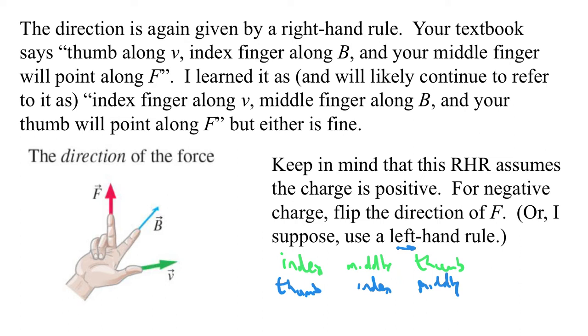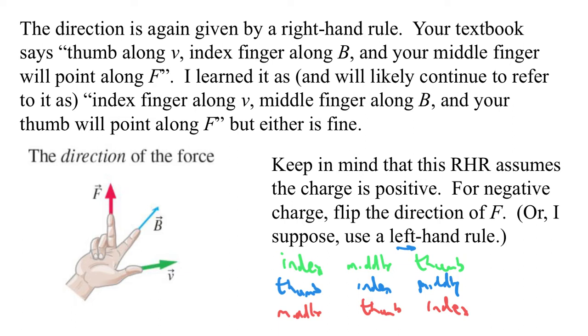Or you could rotate it again and say middle finger to thumb, and then your index will point along the thing you want. It doesn't really matter because you can prove in vector algebra that they rotate cyclically, so it doesn't matter which one you call your original direction, as long as you're consistent, and as long as you use your right hand.